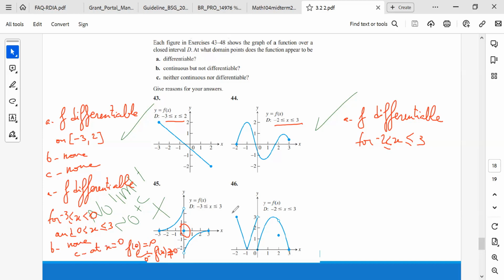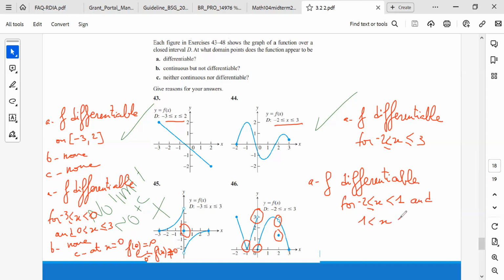The interesting case is the fourth graph. So we have discontinuity here at 3. We have discontinuity here at 2. But we have also a corner here at 1. Okay, so here f is differentiable for x greater than or equal to -2 and less than -1, and for x greater than -1 and less than 0.